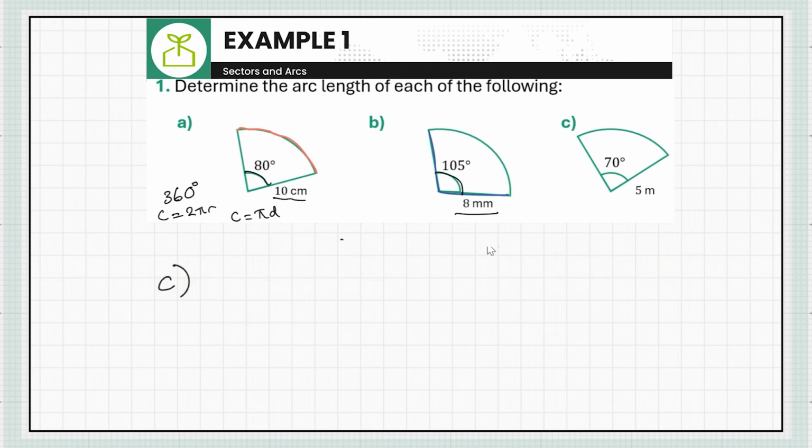Okay, let's quickly look at C. We have 70 degrees, so our arc is going to be 70 degrees divided by 360 degrees multiplied by 2 times pi times our radius, which is 5.